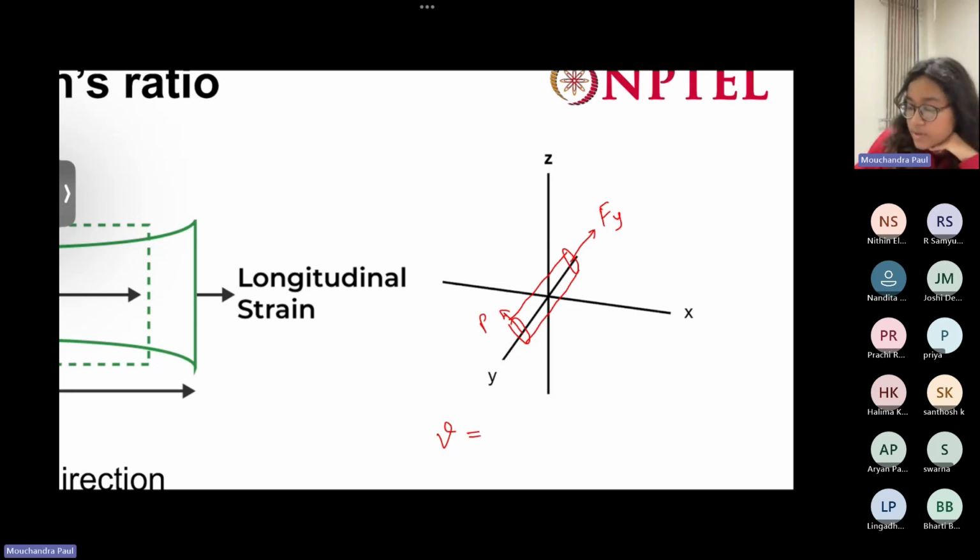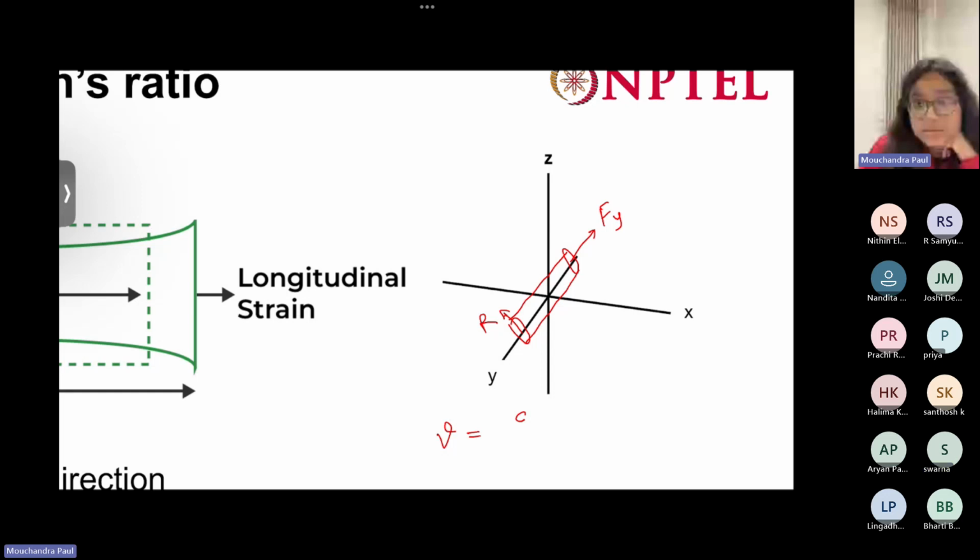It's simple, no? As I told you, it will be the ratio of strain perpendicular to the applied force. Is anyone trying to answer? Someone has unmuted themselves.